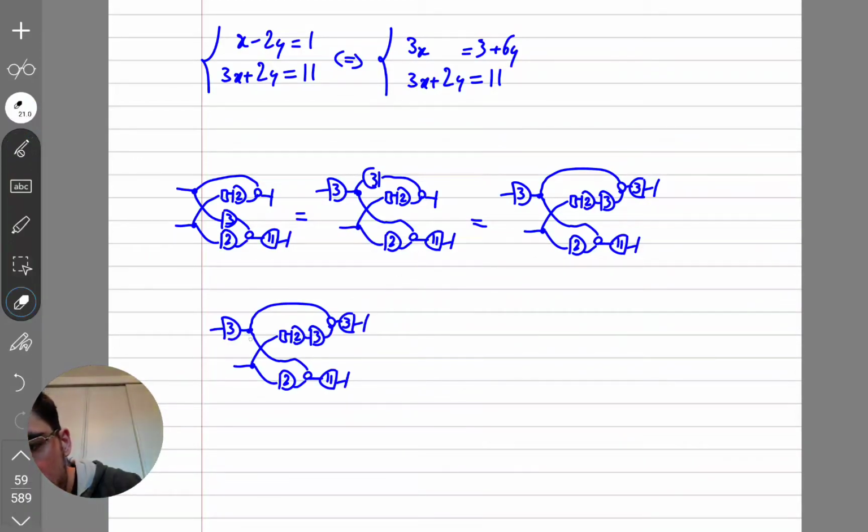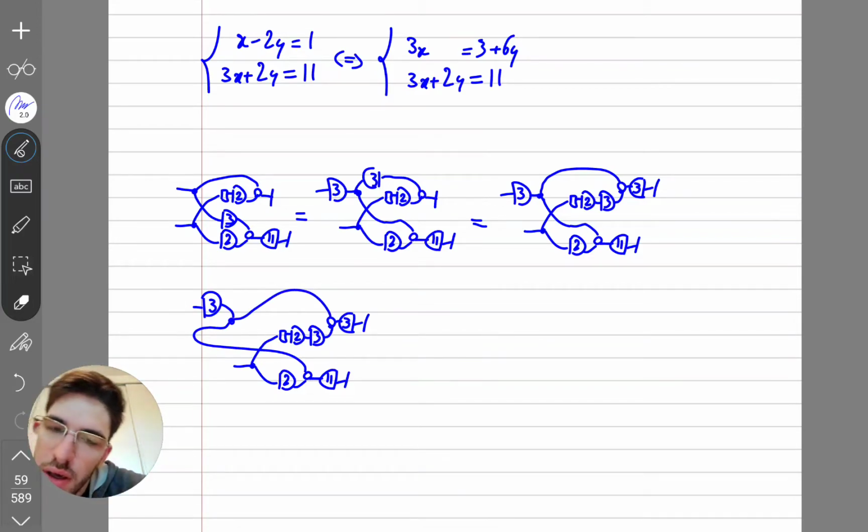So first is 3, and then it's copied into here, and then it's this one. Then actually I'm going to move these to the other side.